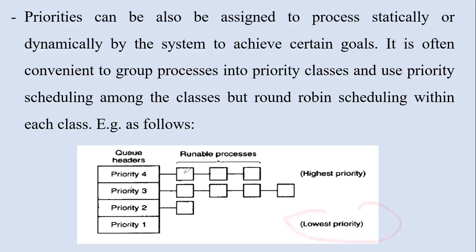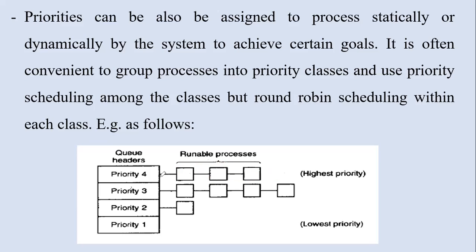If you have, for example, 3 processes in the highest priority, because they have equal priority, they will be attended to in their order of arrival, first come, first served.